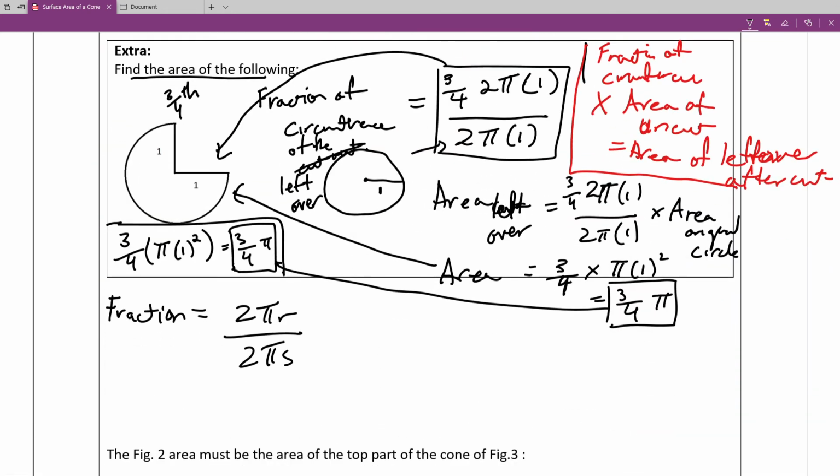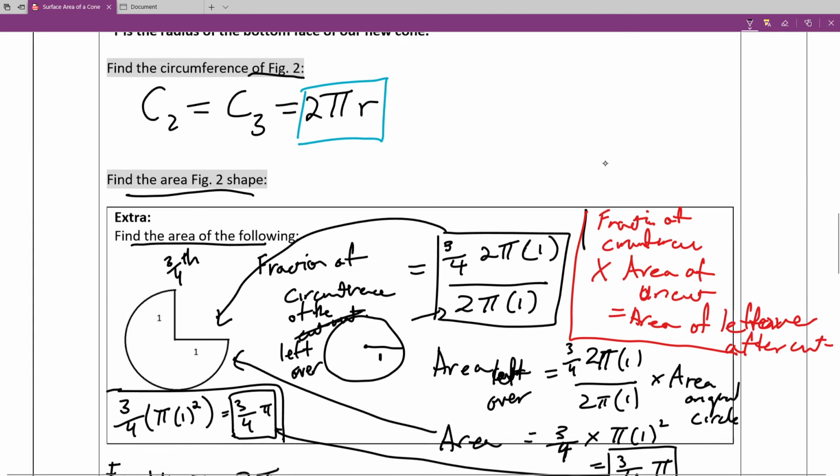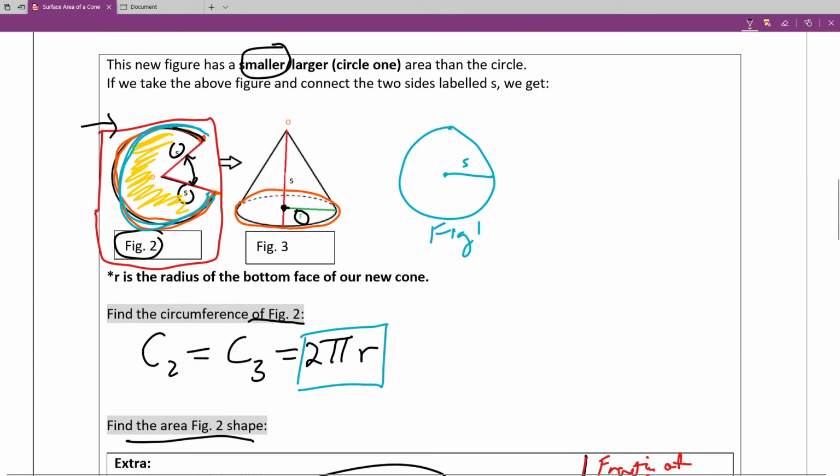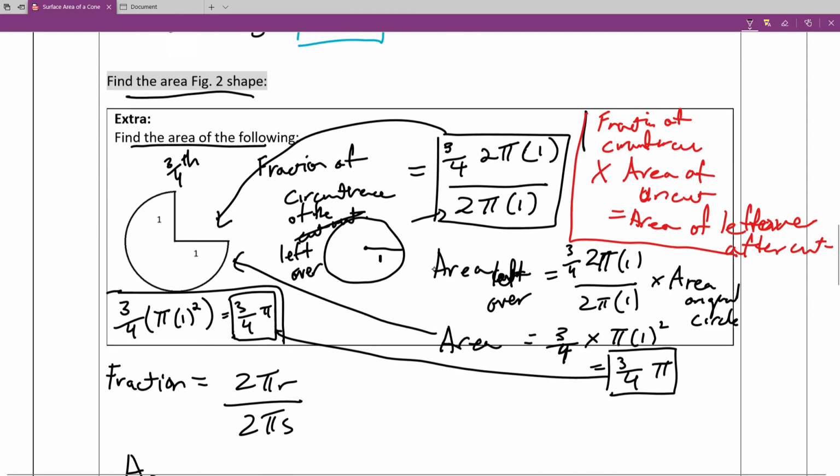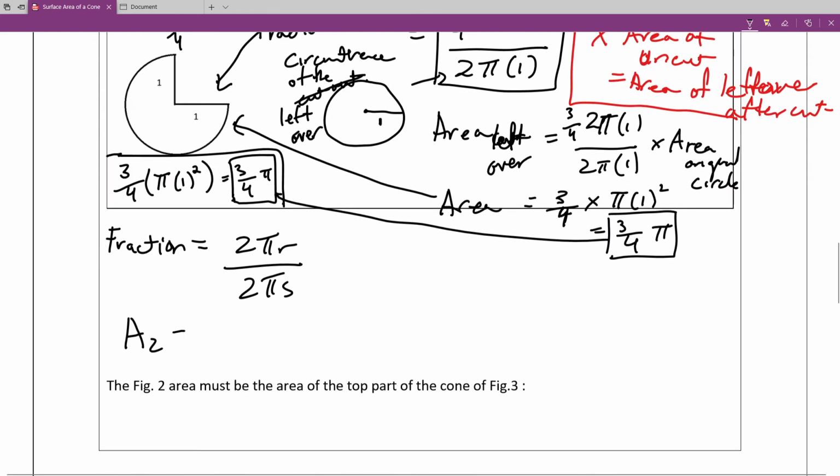Okay. And then the area of figure 2, the area of this in red, is going to be equal to the fraction times the area of the whole circle, which was figure 1.